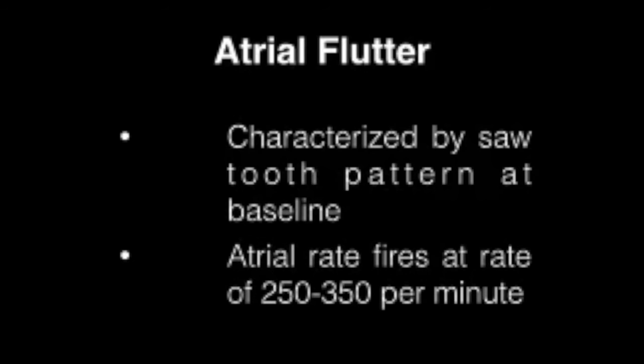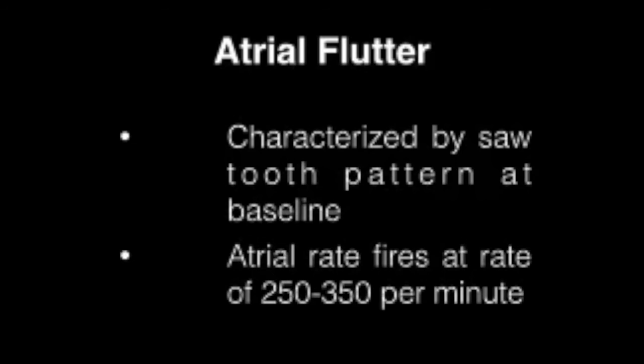Now, the rhythm is very different, though. The QRS complexes are regular, and there's a sawtooth pattern that occurs at baseline. And when we talk about atrial flutter, we talk about conduction delay.